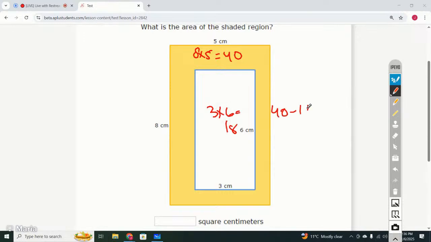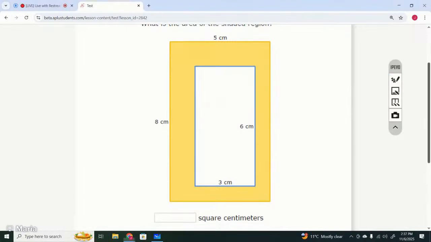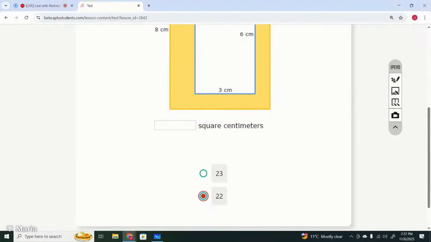So the difference between their areas is 40 minus 18 equals 22 it is. The correct option is 22. Option number 2 is the correct option.